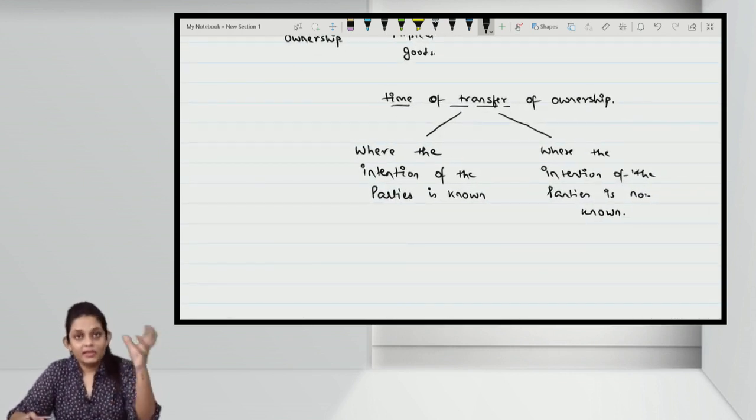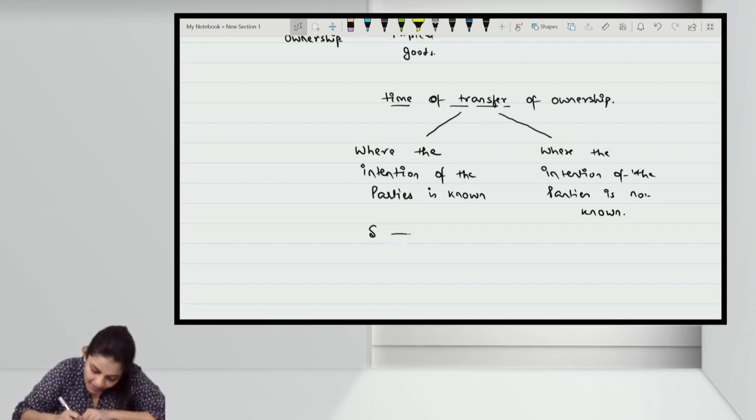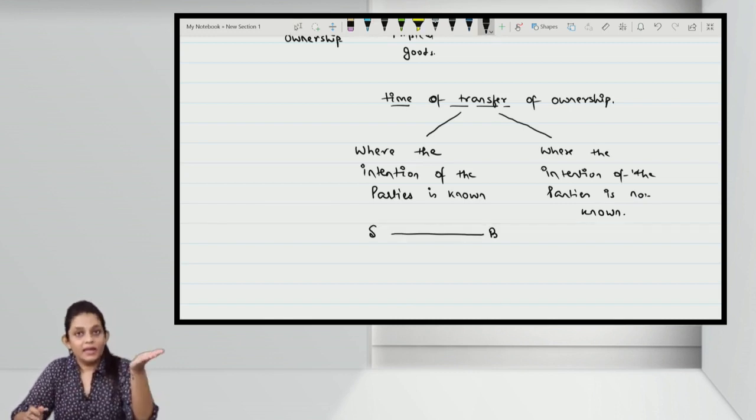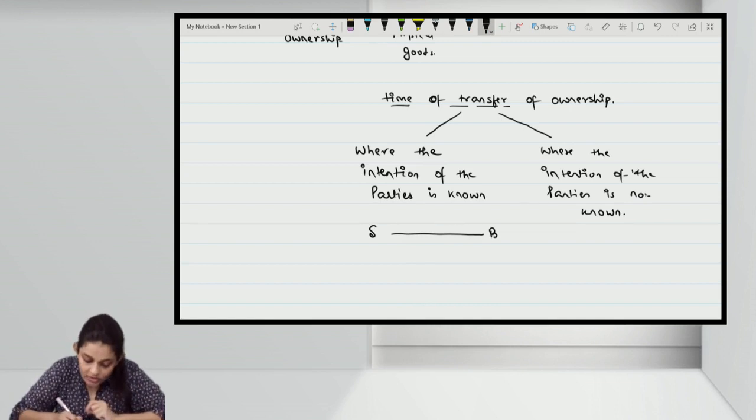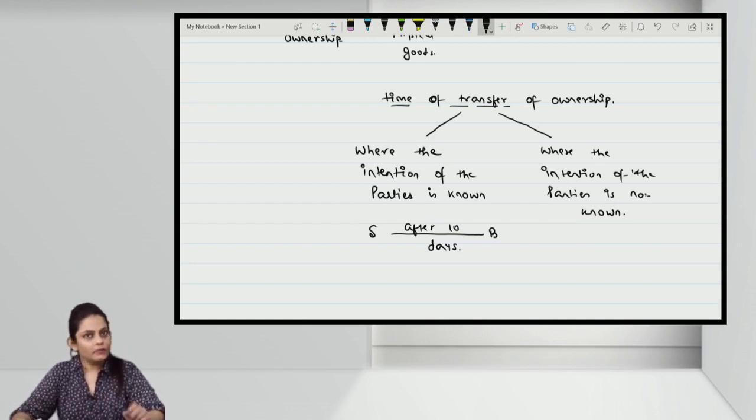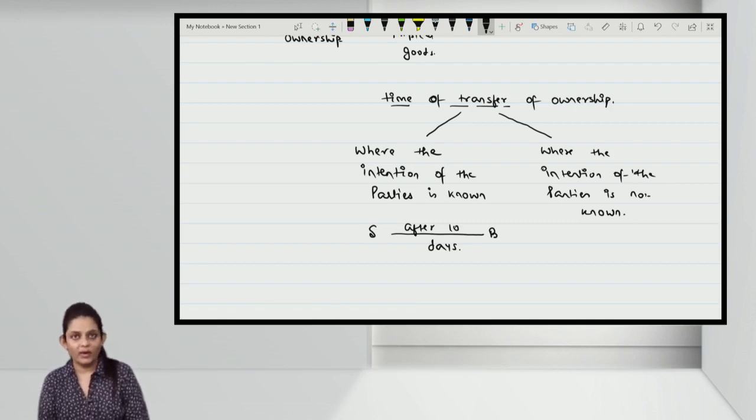Let us say there is a contract between S and B, and S says to B, I am going to sell you my goods, the ownership of which would pass on to you after 10 days. S and B have a contract where S is going to sell his goods to B, and the ownership of the goods will pass on to B after 10 days.